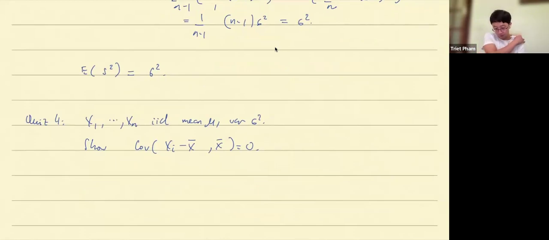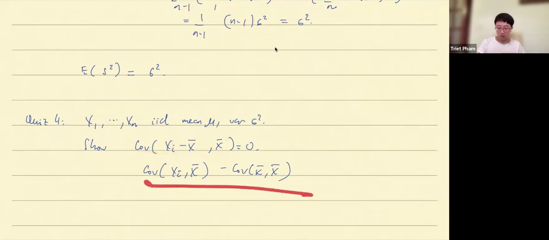But how to show this? First of all, how to show this requires you to know that covariance is a bilinear operator, meaning that you can split up like this. If you just try to use the expectation or definition, it will be very nasty. And second, this will be covariance of xi and the sum of xk over n.